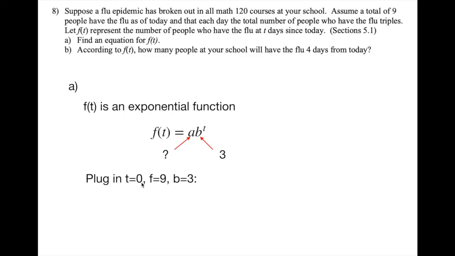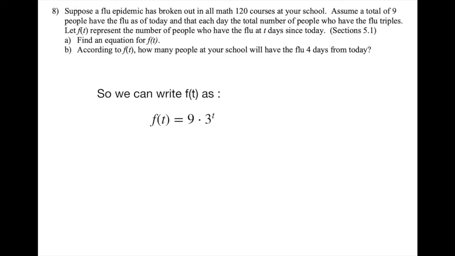So t equal to 0, f equal to 9, and b equal to 3. We can plug in that. So 9 equals a times 3 to the power of 0. So 3 to the power of 0 is just a 1. So a equal to 9. So now we know our a, our b, so we can plug in the function to get the model. So f of t is just 9 times 3 to the power of t.